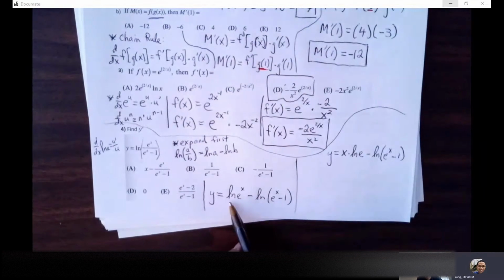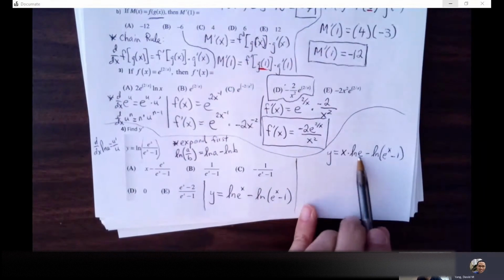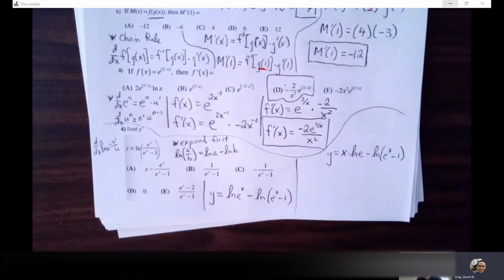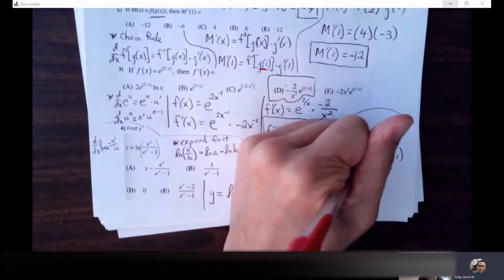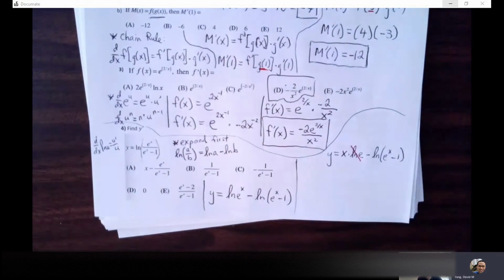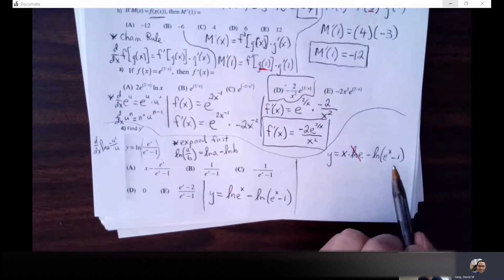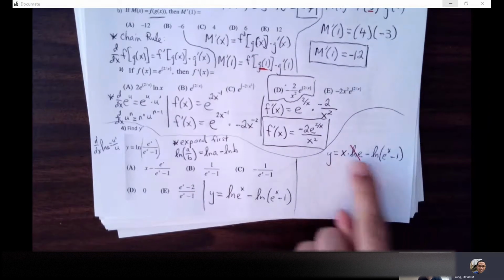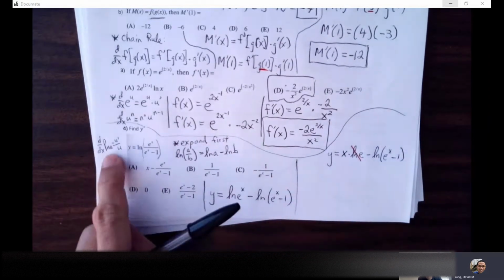And if I bring that x down in front, I see there's something I can do to clean this up. Natural log of e is just 1. So now I'm just left with x minus natural log of e to the x minus 1. And this I can use power rule, and this I can use my u prime over u.